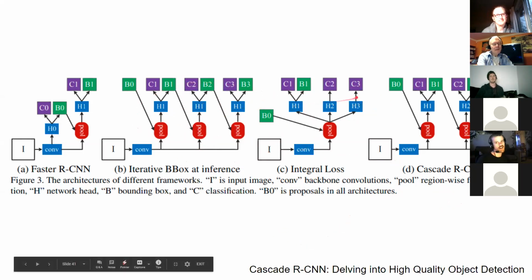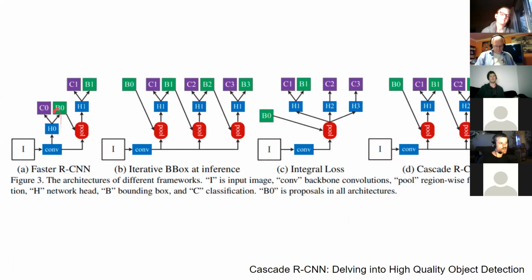So in this diagram, they're building this concept up as well. On the left, we have the basic faster RCNN architecture. This is for bounding boxes, not for masks, but mask RCNN is built straight on top of this. They're tightly related, hence the layer-wise learning of all these things. We take an image, it goes into the network. We have something that computes this C0, which is our objectness score.